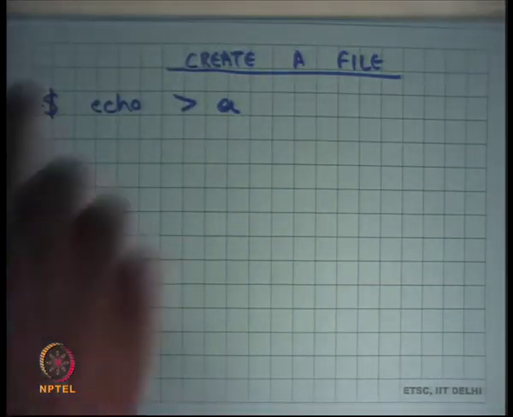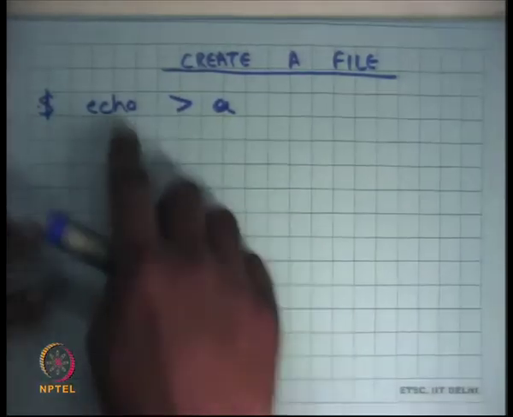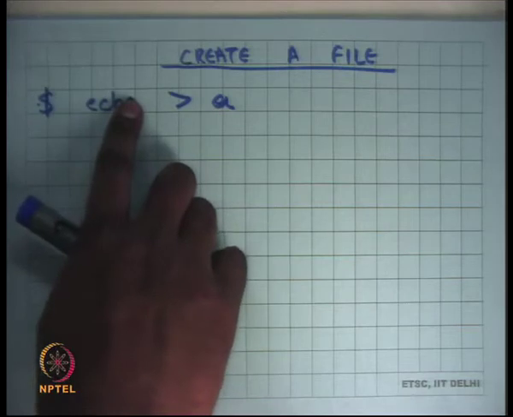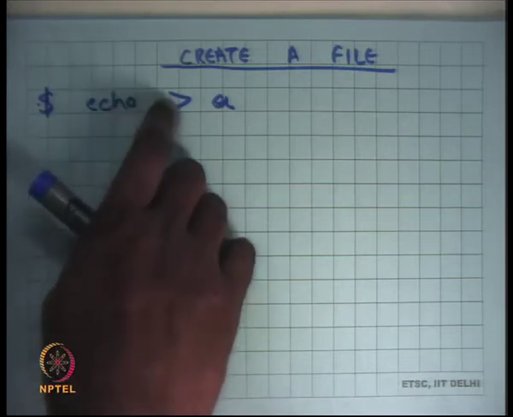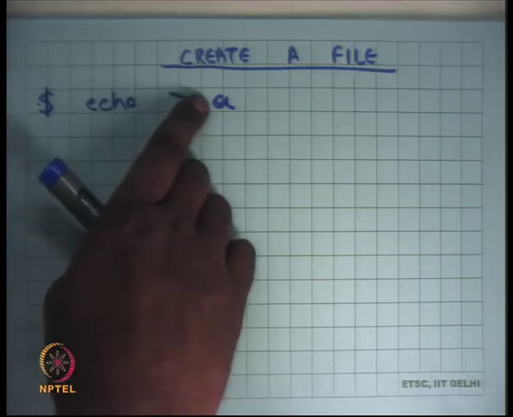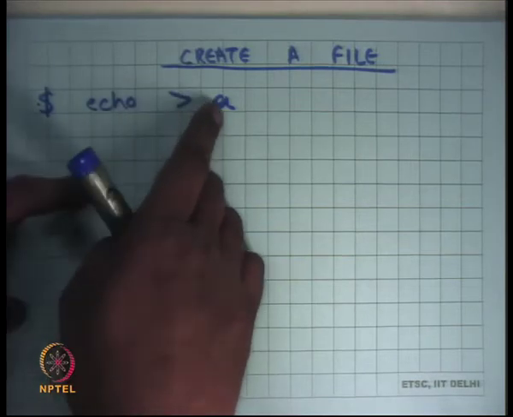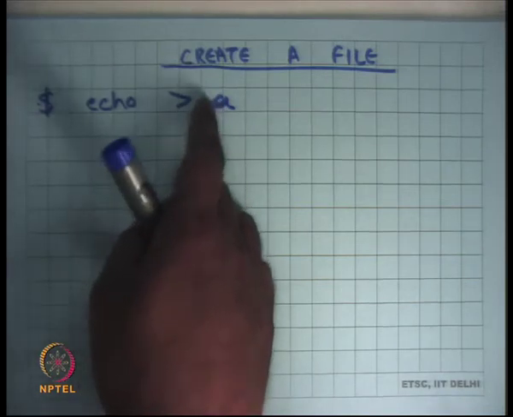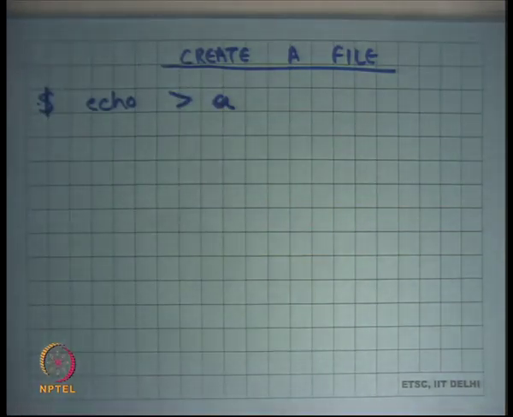So what happens, just as a recap, you're running the shell process, you type this command, it calls fork, it calls exec echo, echo program gets to run with its output redirected to the file a, right? Now a, let's say, does not exist earlier, so the first thing the shell program needs to do is to create the file a, right? So let's look at, from a disk perspective, what all needs to happen for the file to get created.